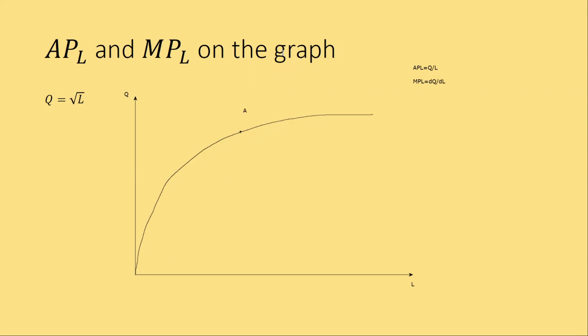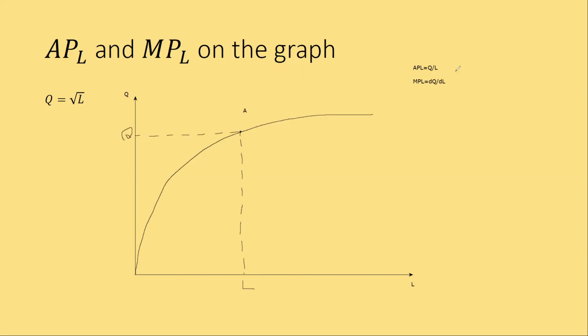So at this point A, we are employing L units of labor, and we are producing Q units of output.